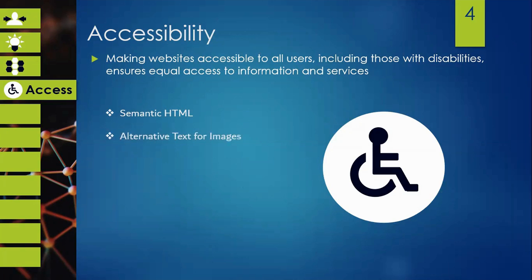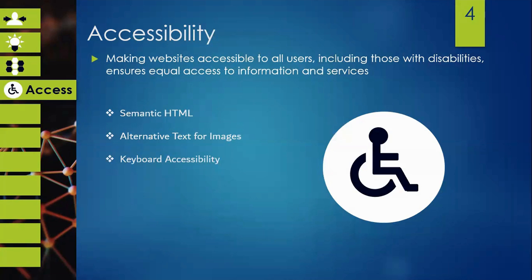Also, alternative text for images. We have been doing that for maybe a whole semester, even some of you before. Our images have to have alternative text. Use alt text to convey the purpose and meaning of images, avoiding overly long or vague descriptions. So it should be accurate and concise.